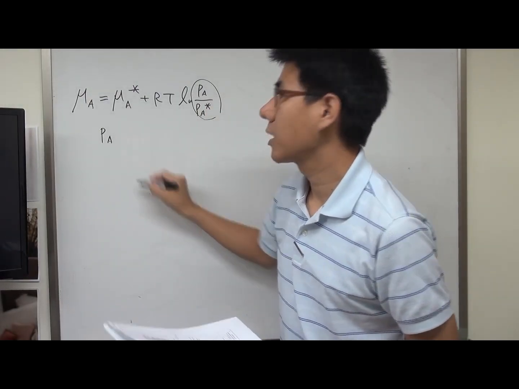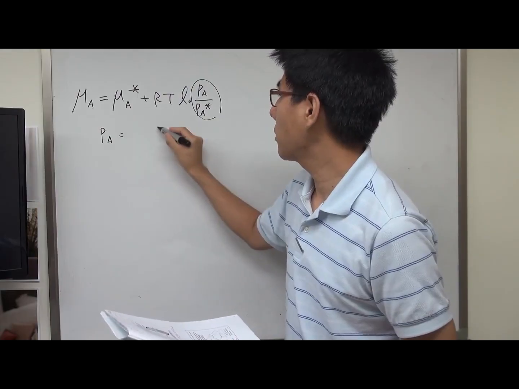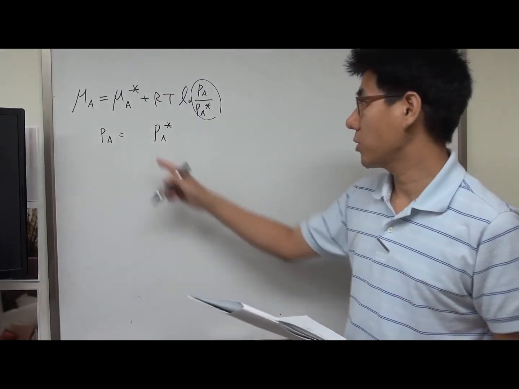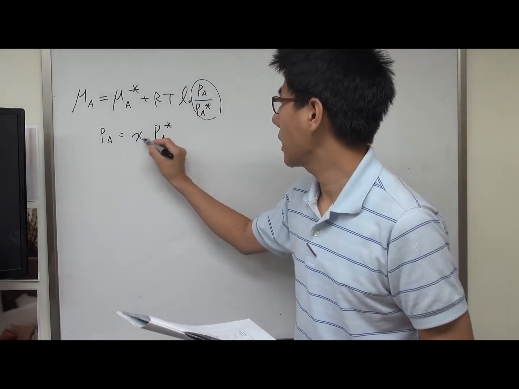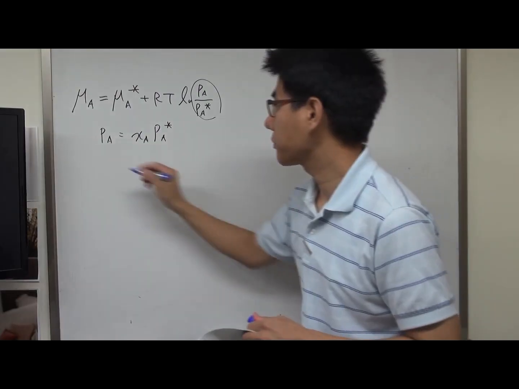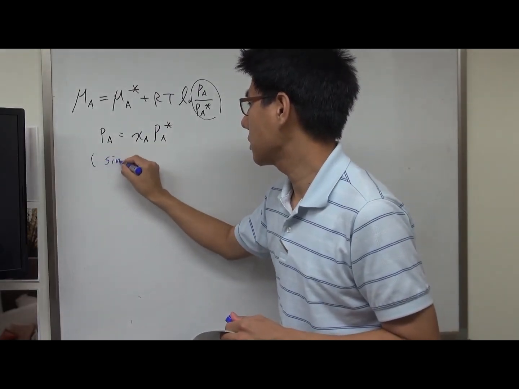PA is proportional to PA star, and the proportionality constant is XA for similar liquids.